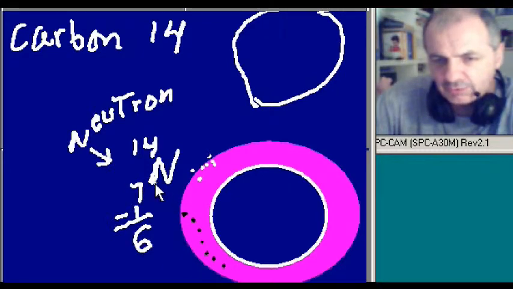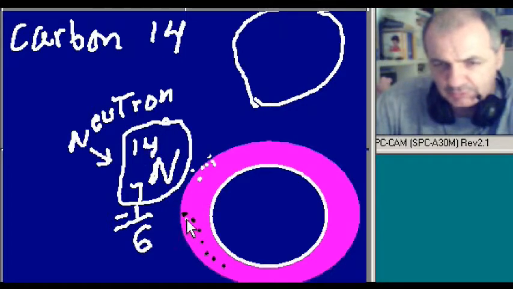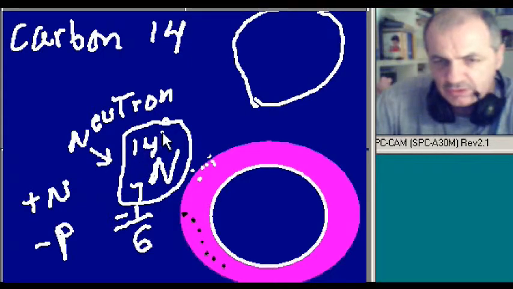He sort of holds on. So this element lost one subatomic particle, the proton, but it gained a neutron. The neutron doesn't disappear. So the mass remains the same. But this guy is now 6.